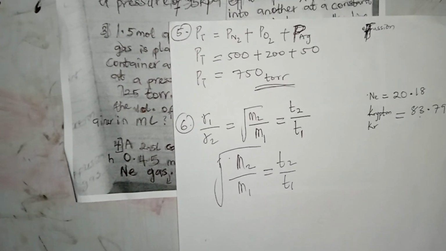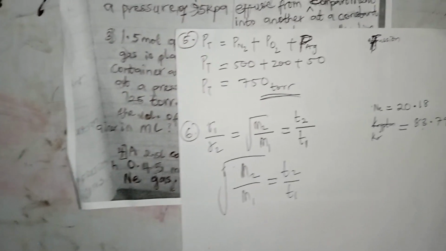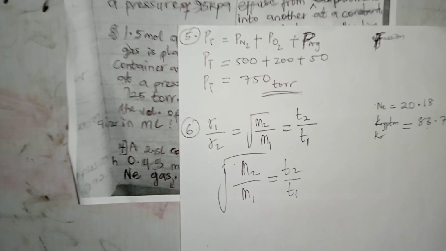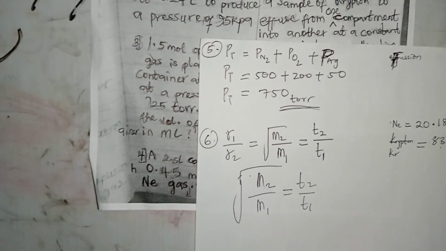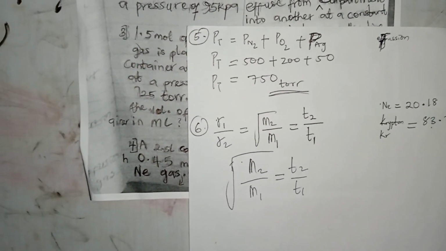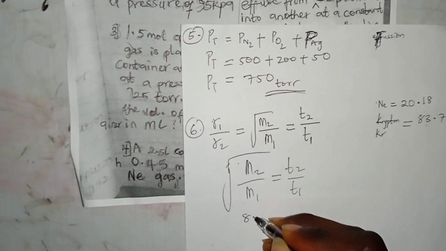When you are light, you tend to move faster compared to when something is heavy. So if I spread a perfume that contains neon and one that contains krypton, because krypton is heavy, it will take time to travel compared to the way neon will move.